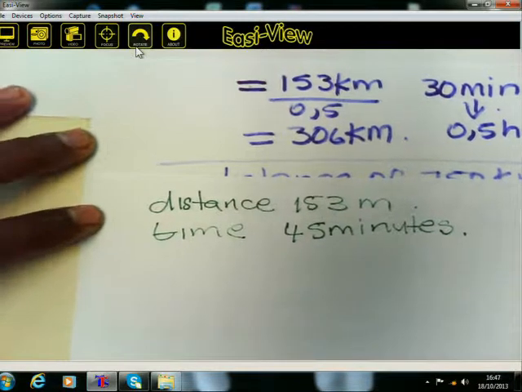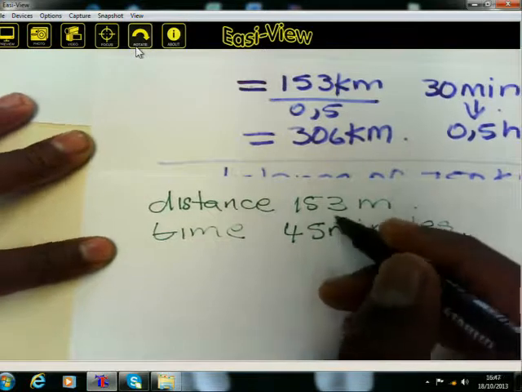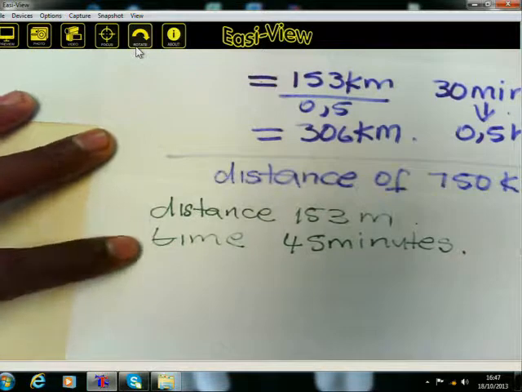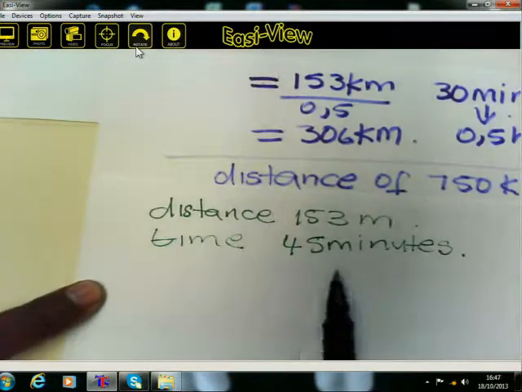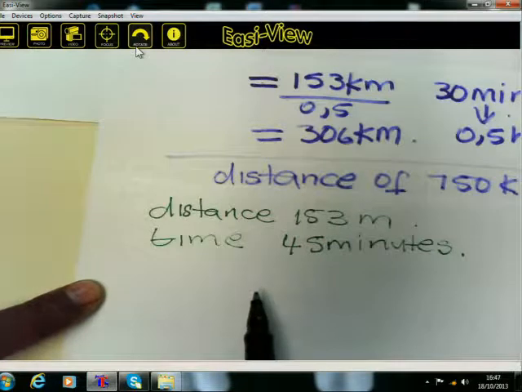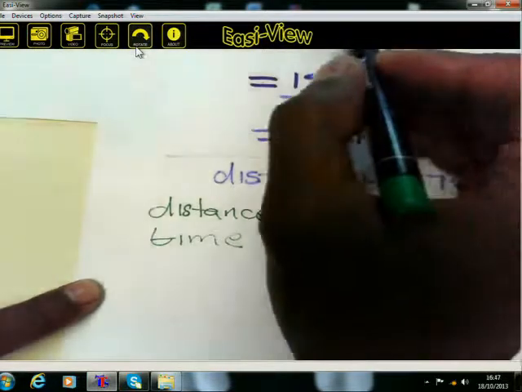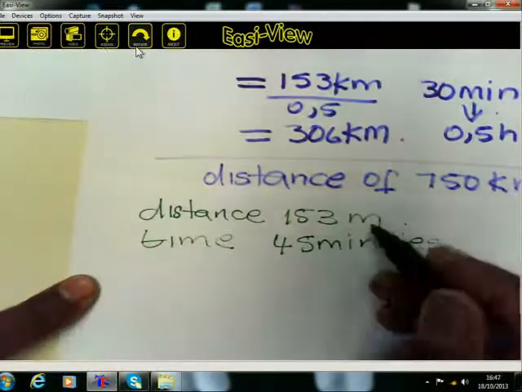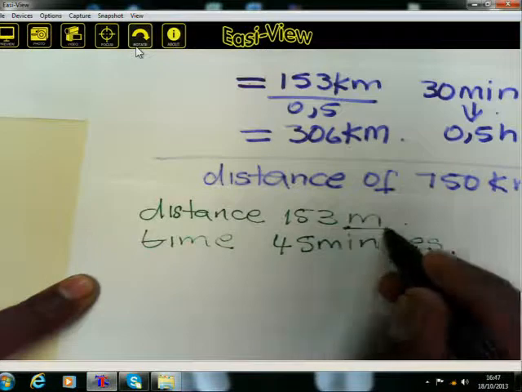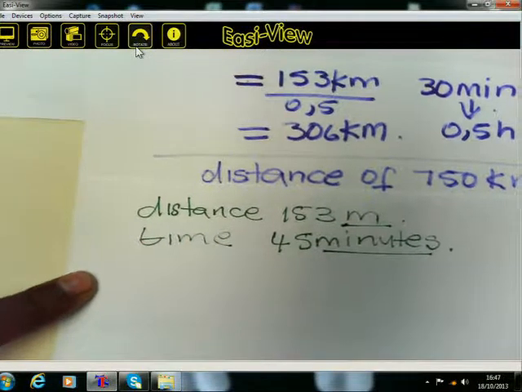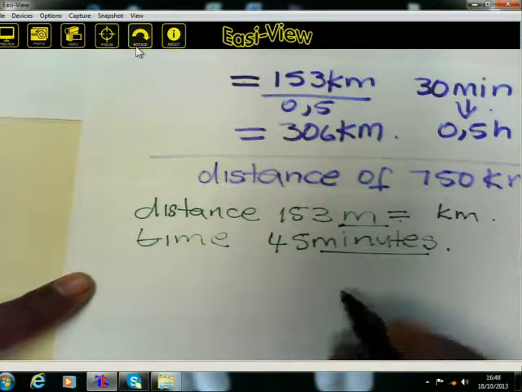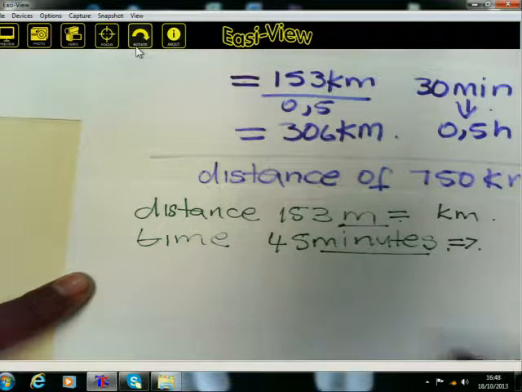Therefore, the first thing that you must do, you must look at the question, the unit that is needed. Here it's kilometers per hour. What do we have here? We are having meters and minutes, which means we must convert meters to kilometers and minutes to hours.